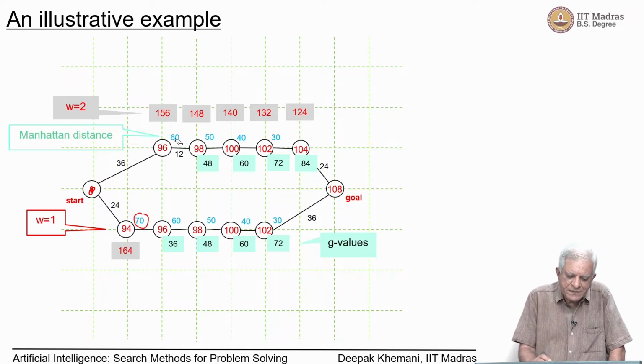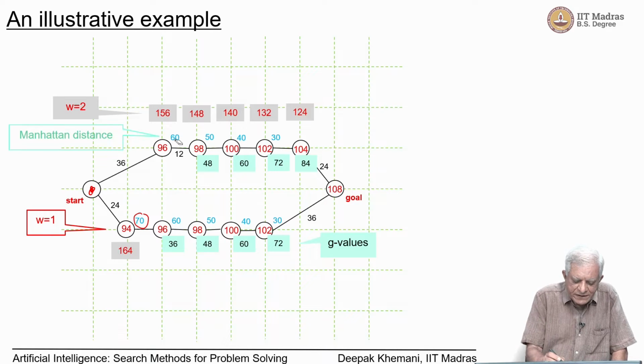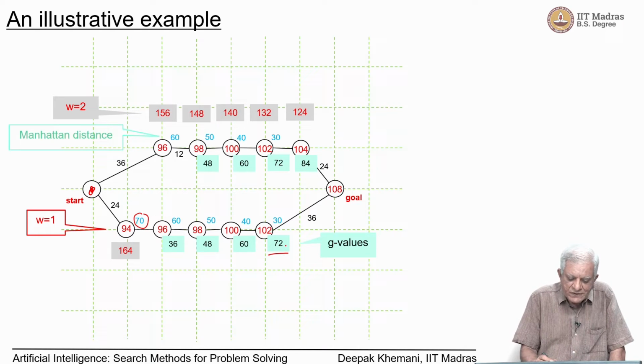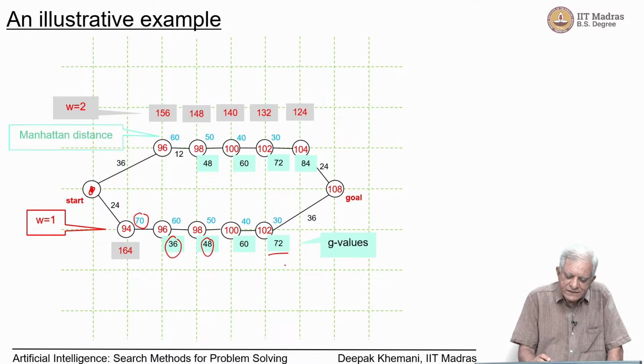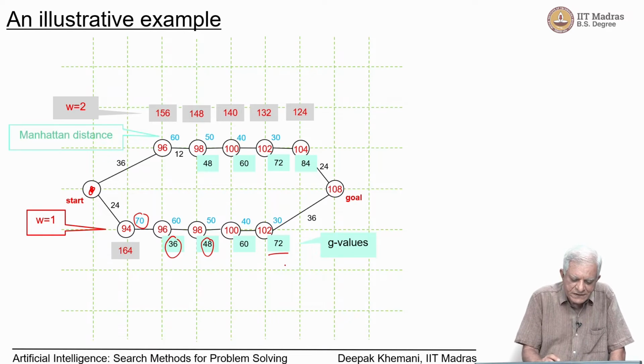But if you sum them up, 36 plus 12 into 4 plus 24, it will be the same cost of 108. Now, what we have written in these cyan rectangles are the G values of the nodes that we are interested in. So, you can see that for example, 24 plus 12 gives us 36 plus another 12 gives us 48 and so on, and the same G values are repeated on the top.